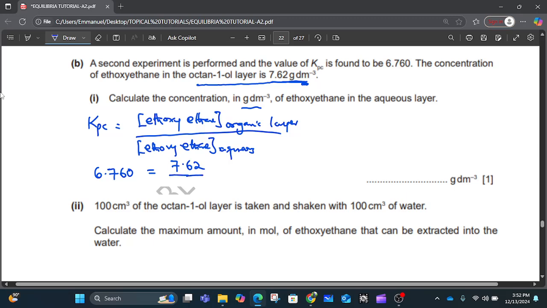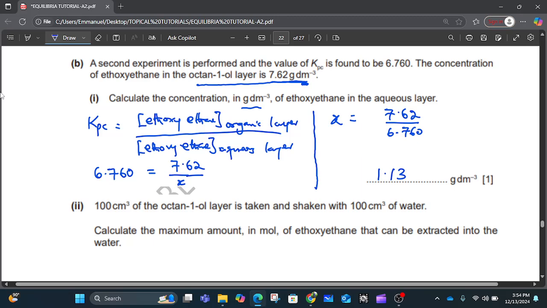So we can represent the concentration of the ethoxyethane in the aqueous layer with X, since we don't know that yet. It means that X, which is the concentration of the ethoxyethane in the aqueous layer, is equal to 7.62 divided by 6.760, and that gives us 1.13 grams per decimeter cube.